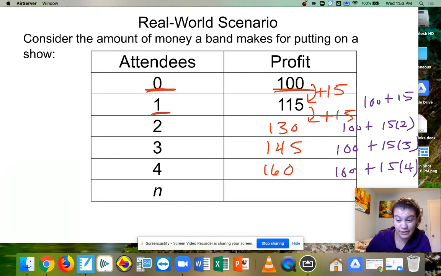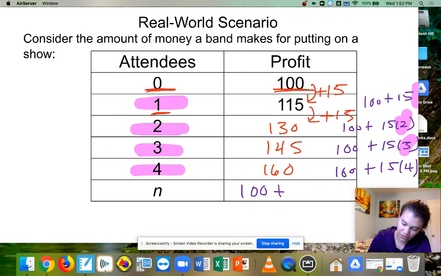So what's the pattern here? We obviously start with 100, so I'll write that. And then we're adding something to it. If you look at this carefully, you can see that if we have 1 here, we're multiplying by 15. If we have 2 here, we have 2 15s. 3 15s. 4 15s. So if I have n, I want to put that n right there in the formula. So it's going to be 15 times n as a general formula.